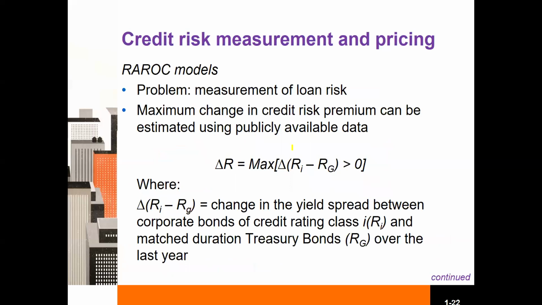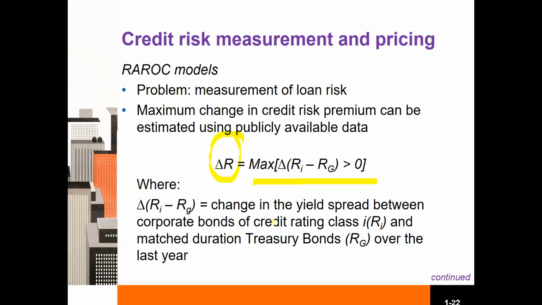This RAROC model can be used to find out the change in credit risk premium that can be estimated from publicly available data. You can see that this delta RI minus RG is the change in yield spread between the corporate bonds of a credit rating class and the matched duration treasury bonds over the last year.